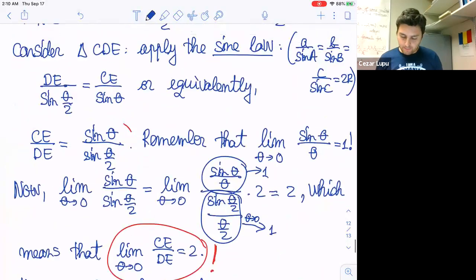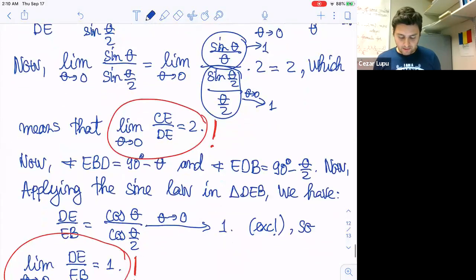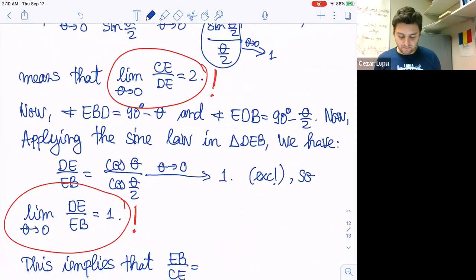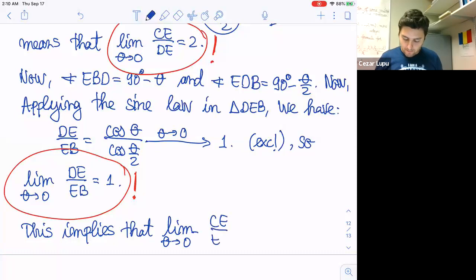If you divide these two limits, by taking the ratio of the two, this implies that the limit as theta goes to 0 of CE over EB will be 2.